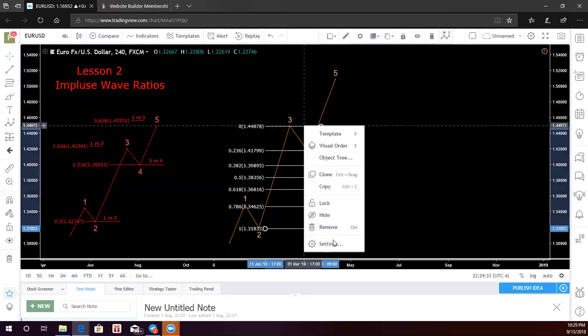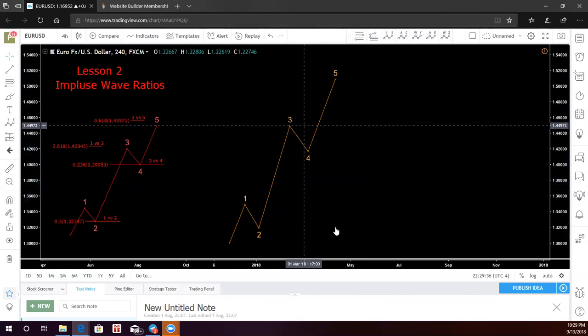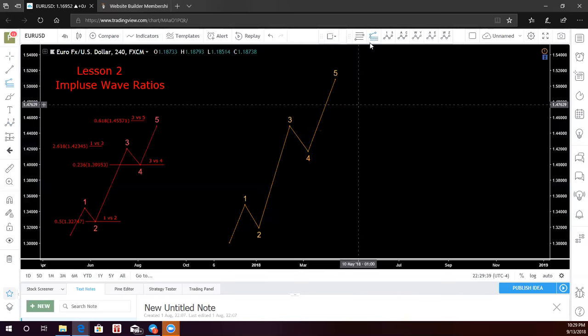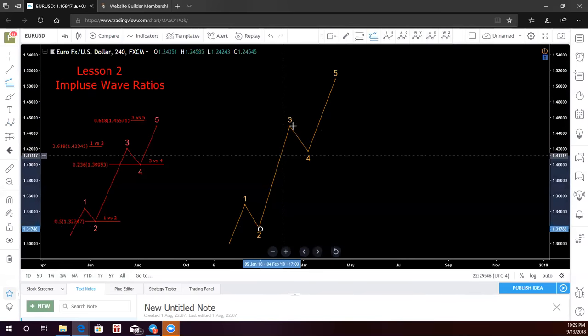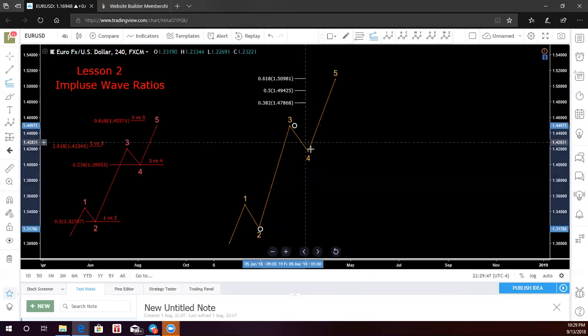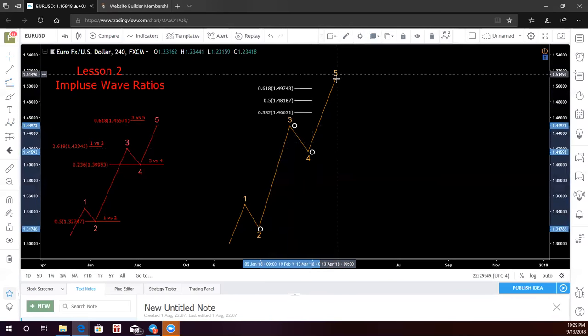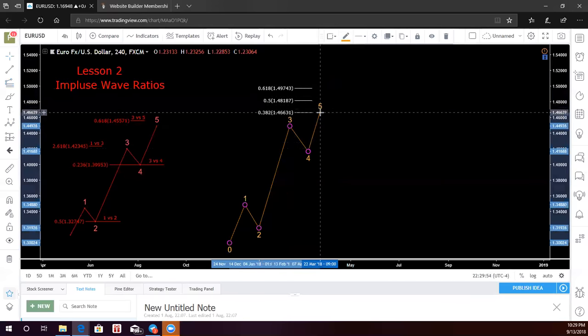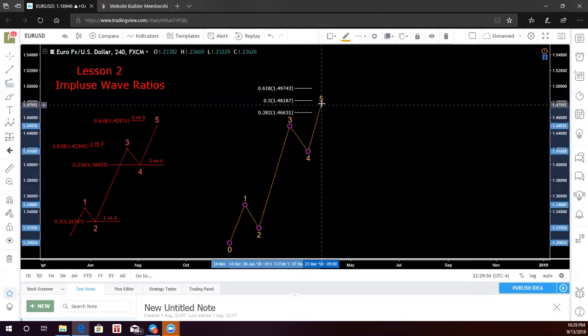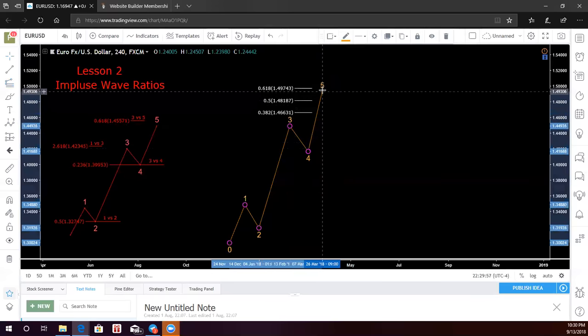Now that we found wave 4, we can go ahead and find wave 5. Now, wave 5 is going to be found using the trend-based fib extension. You're going to start from the beginning of wave 3 to the end of wave 3 to the end of wave 4. And the most common ratios for wave 5 are going to be the 0.382, the 50%, or the 0.618.